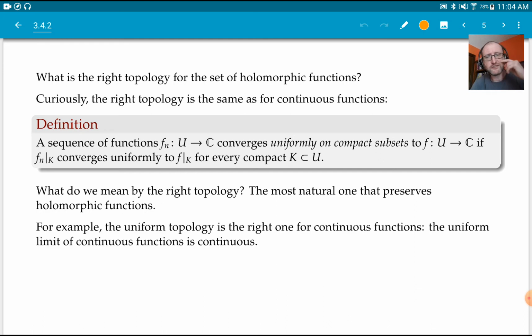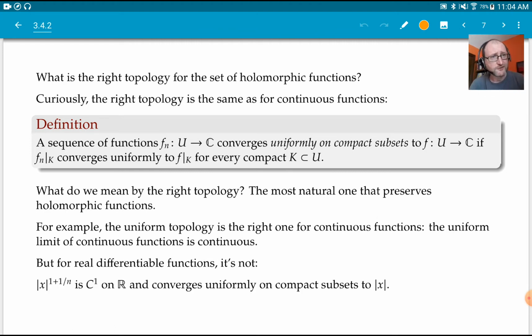because it's not the same thing if you're talking about, let's say, real differentiable functions. If you're talking about, say, continuously differentiable functions on R, or on some interval in R, it's not the right topology. So, for example, if I look at this guy over here, and there's lots of other examples, this guy converges uniformly on compact subsets.